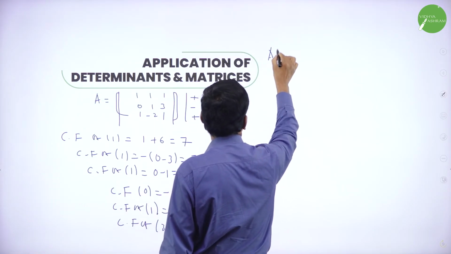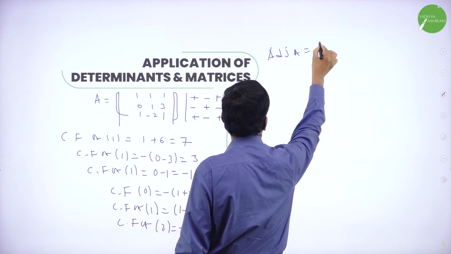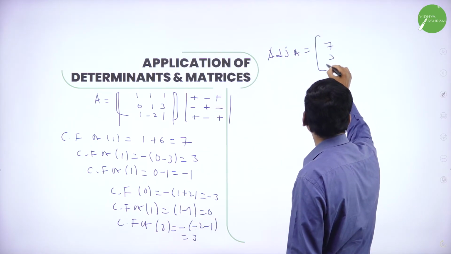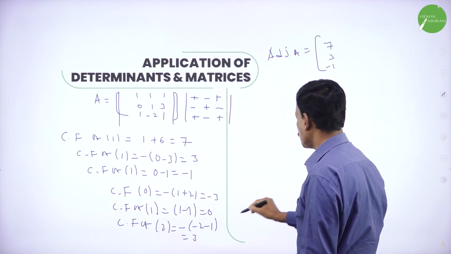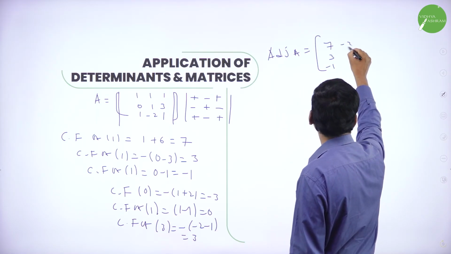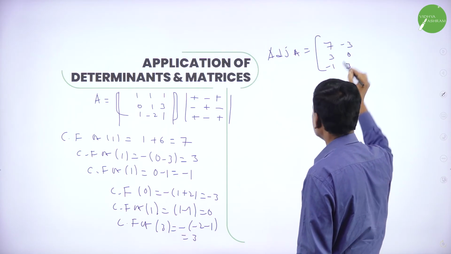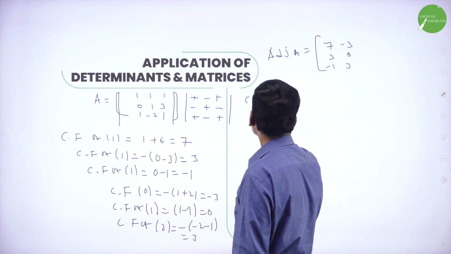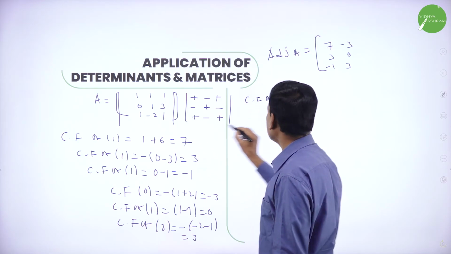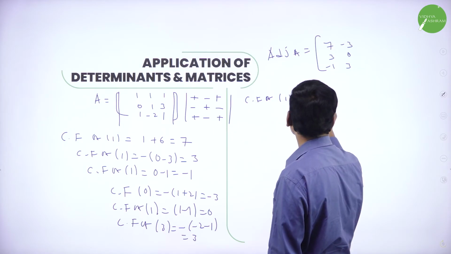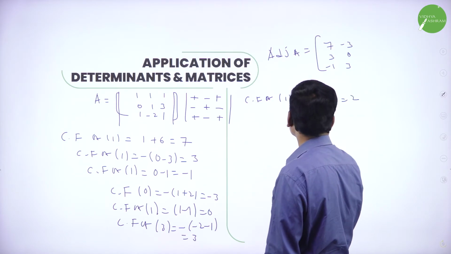So, I will write the adjoint. Adjoint of A is equal to 7, 3, minus 1. Minus 3, 0, and plus 3. This is 0. Next, last, cofactor of 1. So, this row and column is gone, 1 3 is 3 minus 1 is equal to 2.